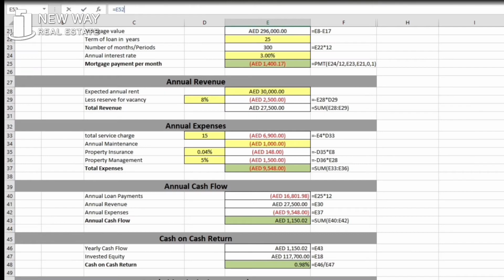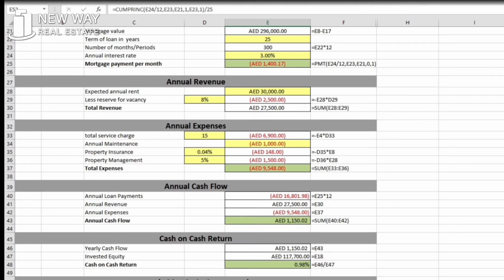We just copy this and then paste. We'll change the cumulative IPMT into cumulative principal, PRINC. Using the same arguments, we will get the annual principal payment.